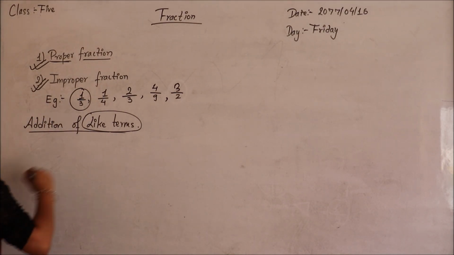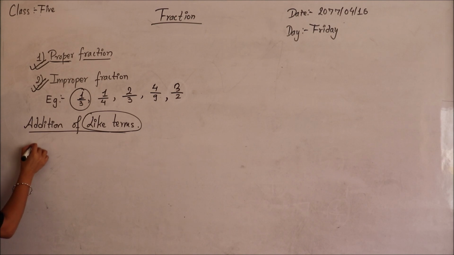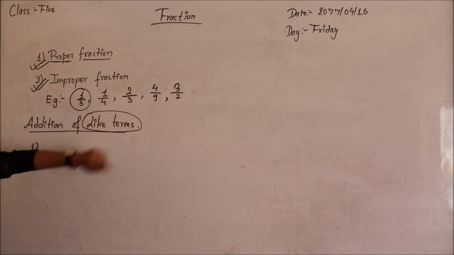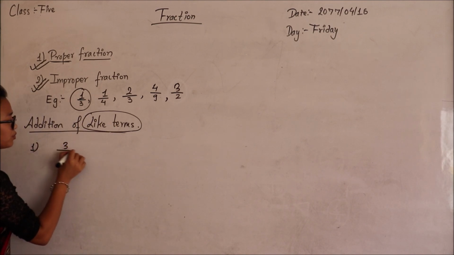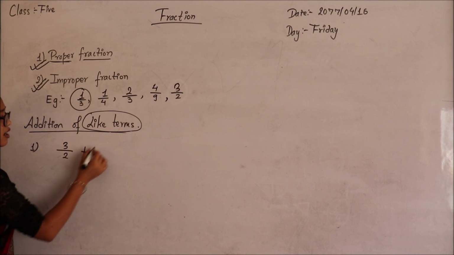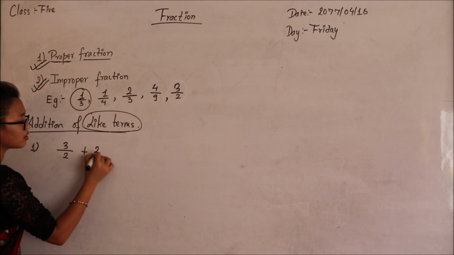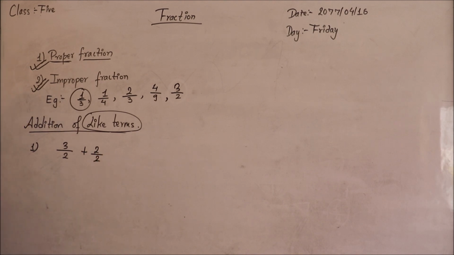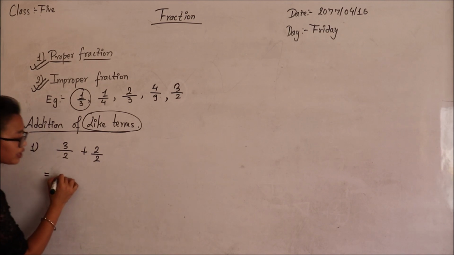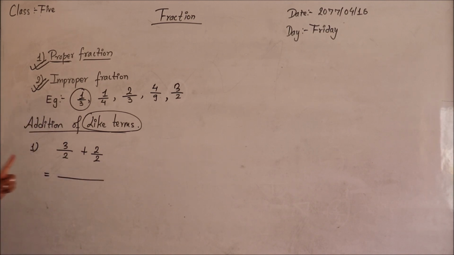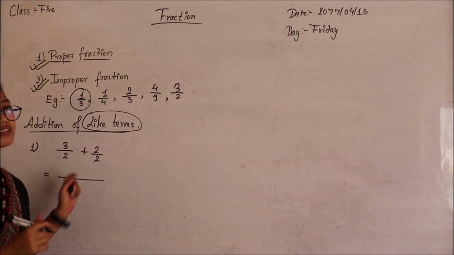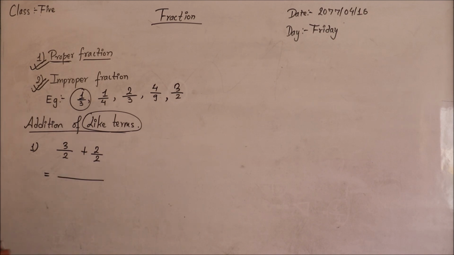So let's do some more addition. Number 1: let's take 3 by 2 plus 2 by 2. What was the tricky thing about the addition of like terms?